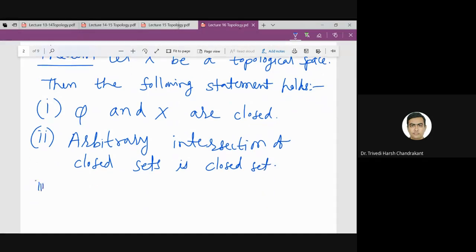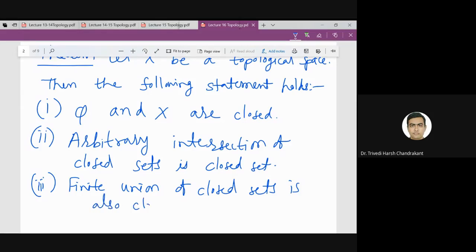And the third property: a finite union of closed sets is also closed.